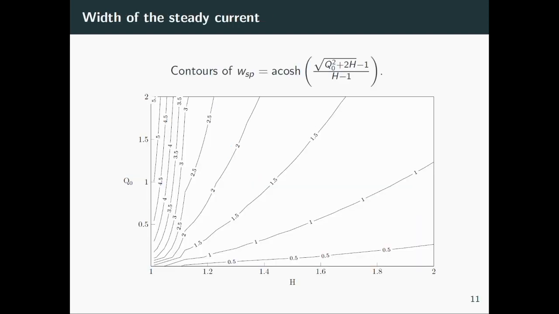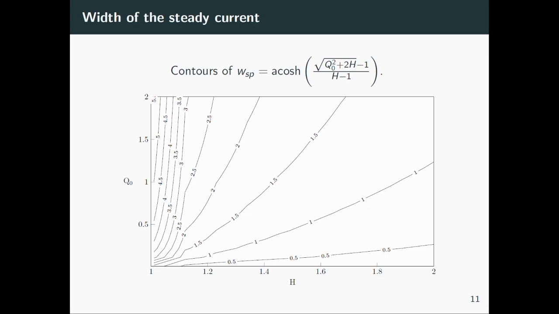Our model is simple enough that we can actually give an analytic solution and completely describe the whole flow. One interesting thing we can highlight is the width of this steady current, as it depends on H, the depth ratio, and Q0, which is the flux of river water. As the flux of river water increases, the width of the current increases because a wider current is needed to support more flux.